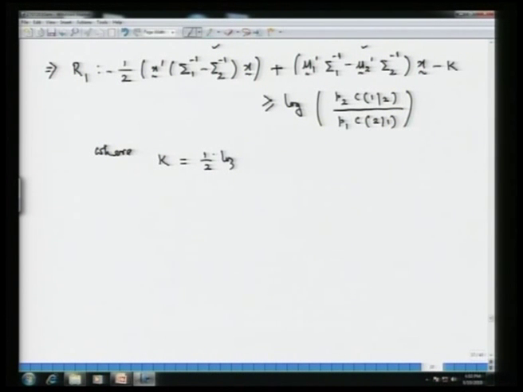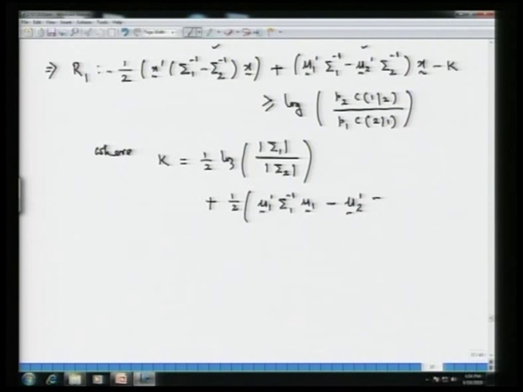So, this constant k is given by half log of determinant of sigma 1 divided by determinant of sigma 2, plus the term which was there in the exponent. That is, half of mu 1 transpose sigma 1 inverse mu 1 minus mu 2 transpose sigma 2 inverse times mu 2. These two terms come from the exponent of the density and the other term comes from the denominator.